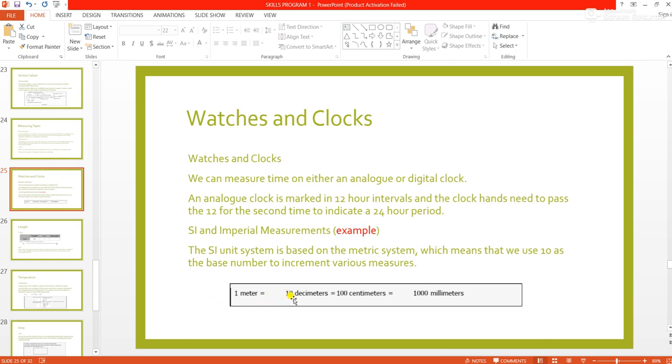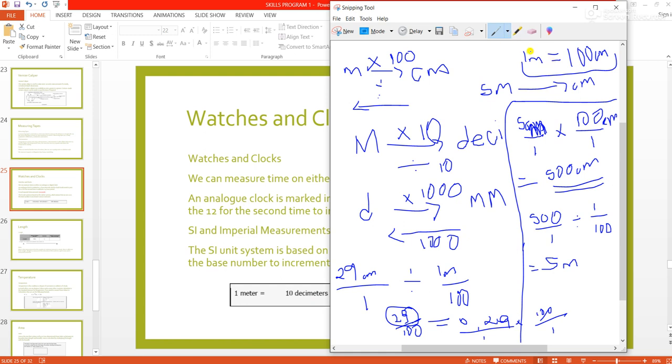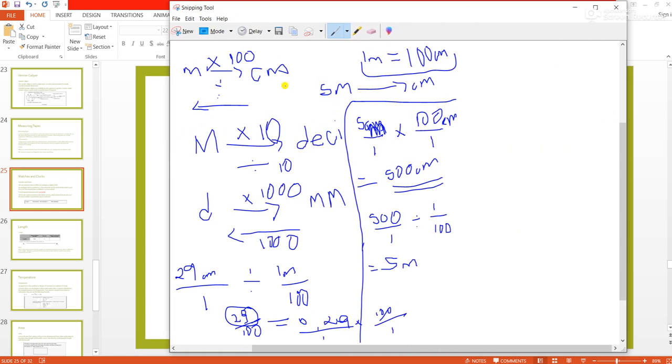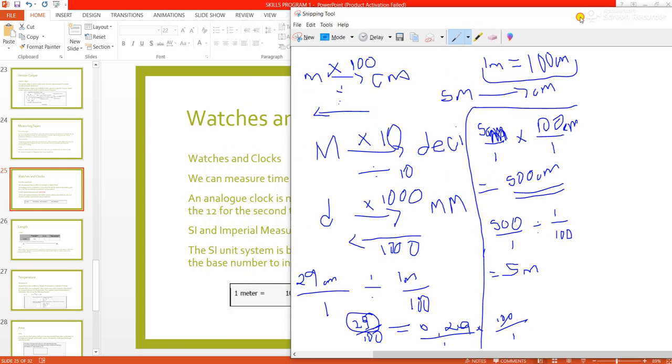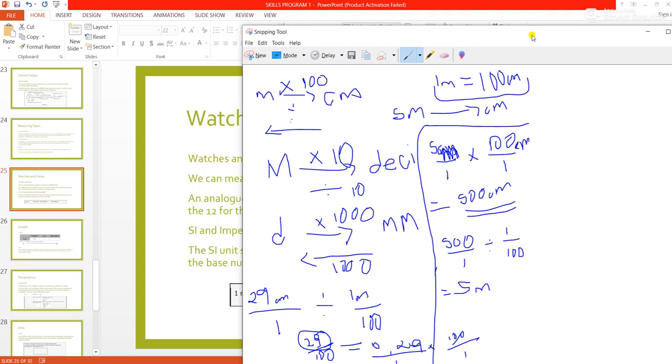So let's say, for instance, you want to move from decimeters to centimeters, you times that by 10, and from decimeters to millimeters, you times that by 100. In this instance, it will change because now we're dealing with decimeters.